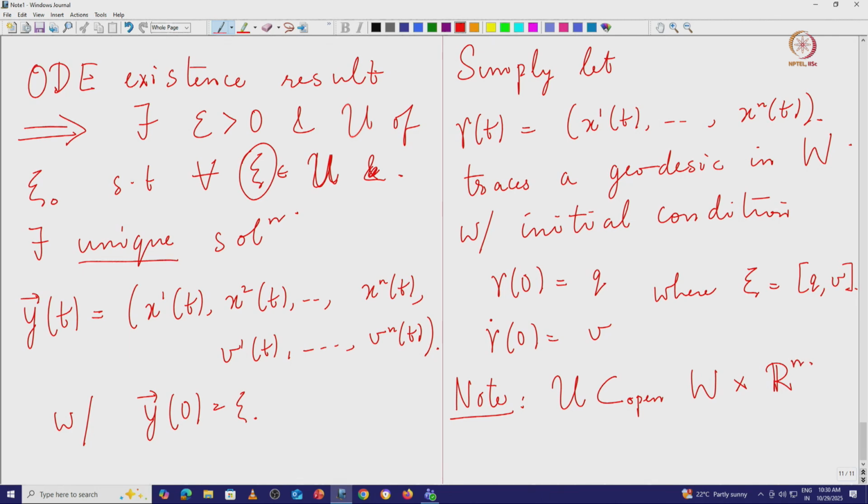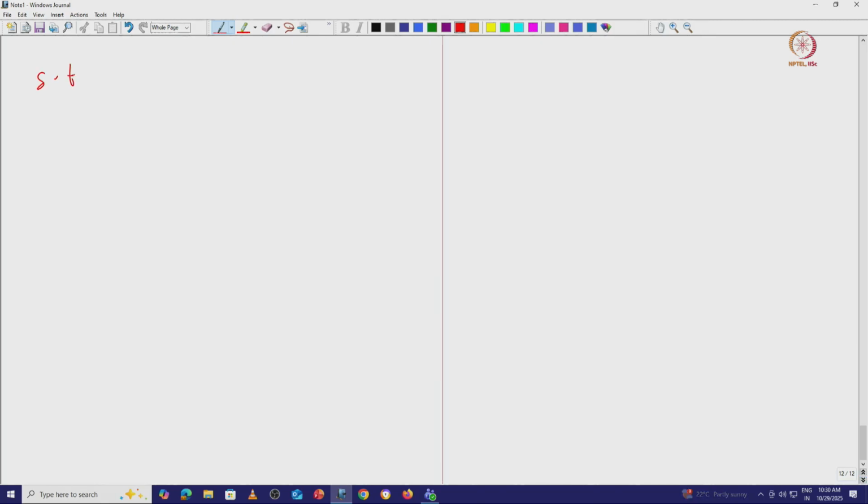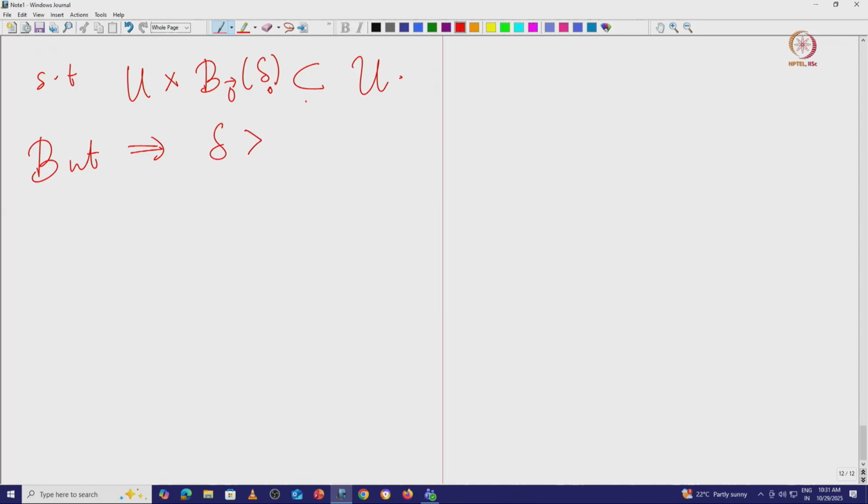So by the nature of open subsets in the product topology, there exists an open neighborhood U of P and a delta such that the product neighborhood U cross the Euclidean ball of size delta naught is contained inside U. But in these coordinates, this also implies that there exists a delta such that whenever the norm of V is less than delta and Q is in U, the vector Q comma V is contained inside U. Here this is the g norm.